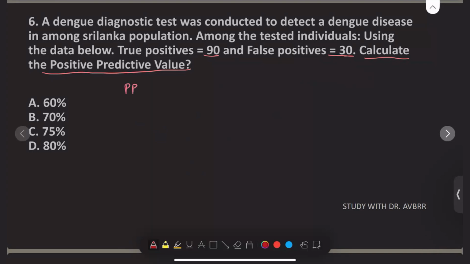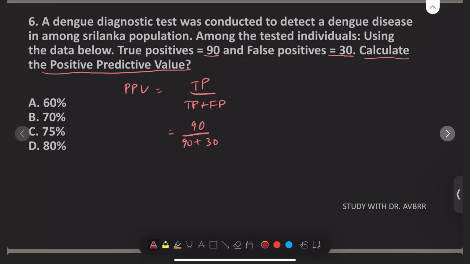Let's write down the positive predictive value formula: true positive by true positive plus false positive. Here, for the positive predictive value, we only concentrate on the positives. No matter whether it's true or false, we only concentrate on the positives. So the formula will be with the positives itself. True positive is 90, false positive is 30.